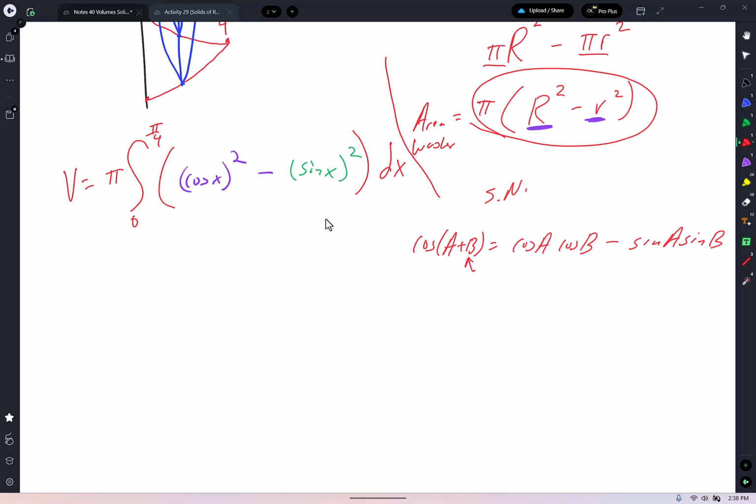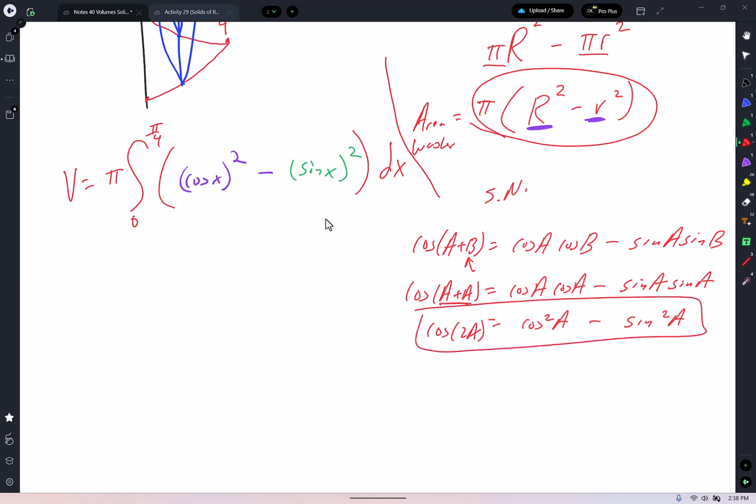So if I change that B to an A, cosine of A plus A would be cosine A cosine A minus sine A sine A. And so now this is cosine squared A minus sine squared A, which is exactly what I have here, but instead of an A, it's an X. And A plus A is 2A. So from that, we can infer and replace.